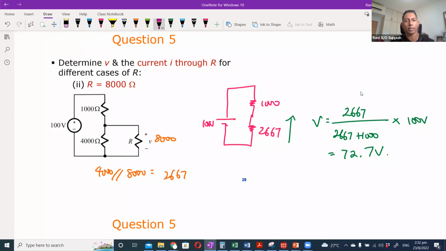Both the 4000 and the 8000. So to find the current here, this current I will be V by R. That means it's 72.7 over 8000, which will be 9.09 milliampere. Since they are both parallel, the same voltage that appears across the combined resistance is the same across each individual resistance.